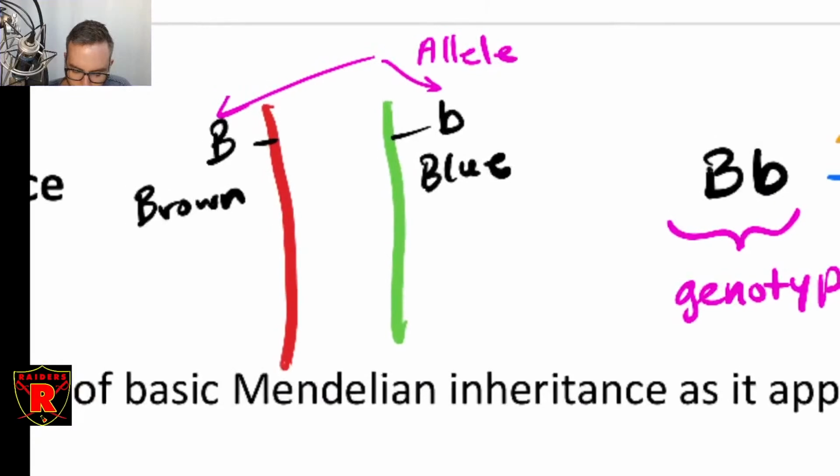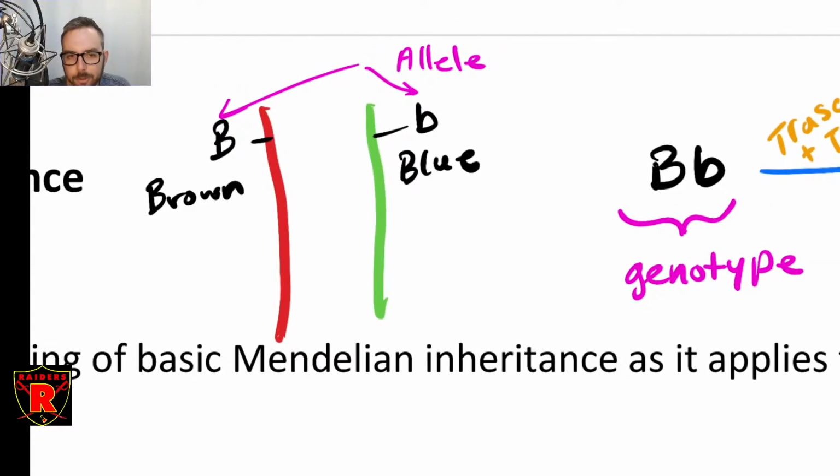Again, keep in mind that you have 2 chromosomes that have the same genes on them. They're homologs. And the version of the gene that you have is potentially going to be different on each homolog. So you could have a brown allele and a blue allele for eyes, for example.